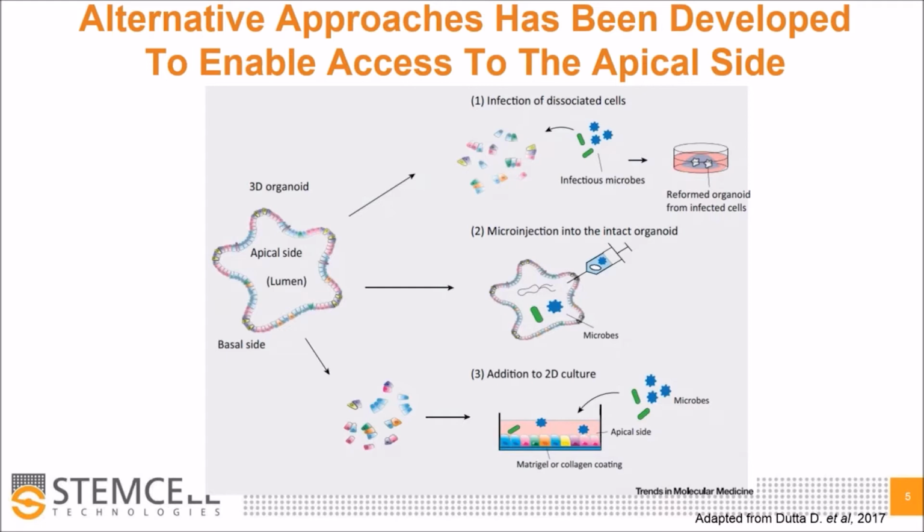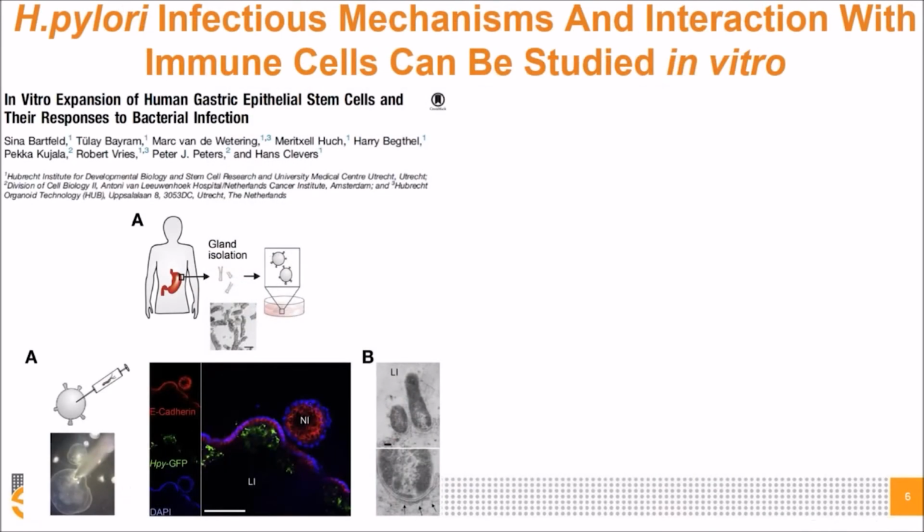Now, I would like to give you some examples of studies that make use of organoids to establish infectious disease modeling. In the first paper I would like to review with you, scientists from the lab of Hans Clevers established culture conditions for maintaining gastric organoids in vitro.